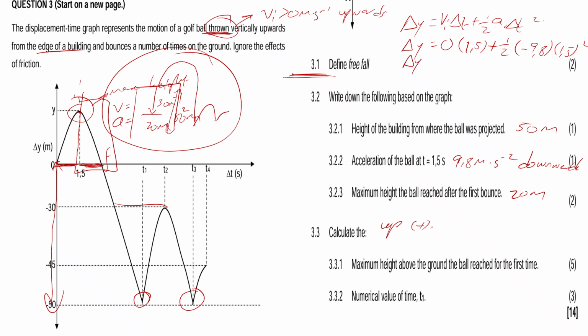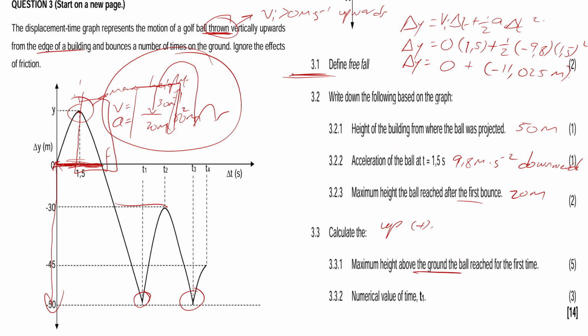This would be 0 plus negative 11.025 meters. So the displacement is 11.025 meters from the top of the building, because here we are using the top of the building as the reference, but the question is asking for the maximum height above the ground.